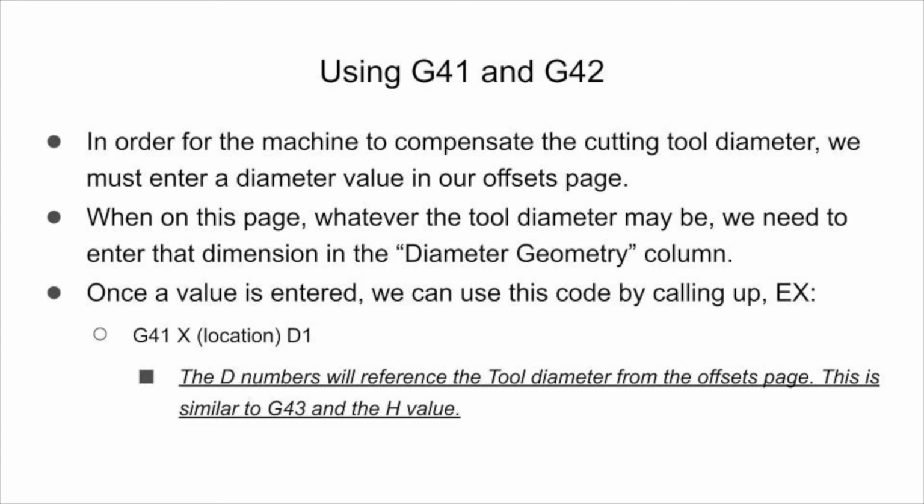If we're using a 1/2 inch end mill for tool 1, we would put 0.5 under diameter geometry in the offsets page, and this will allow the controller to recognize the diameter of the tool. Then once we enter the code into our program, we'd say G41 with a location and then a D value. That D value is going to mark whatever tool number you're using and the offset in it.